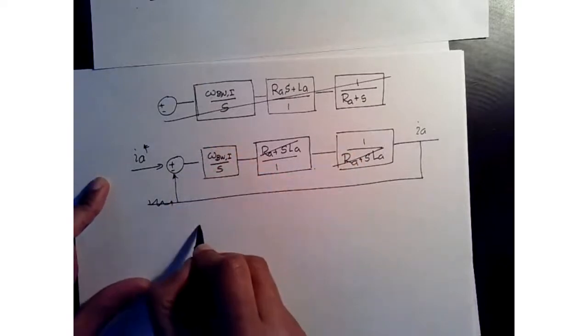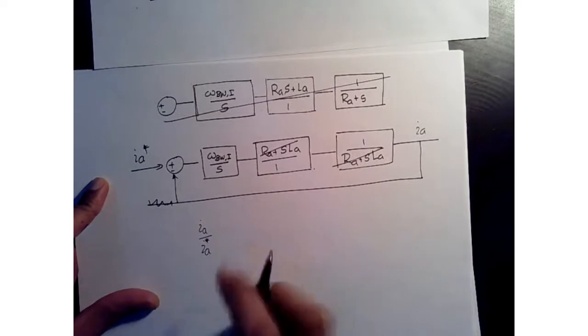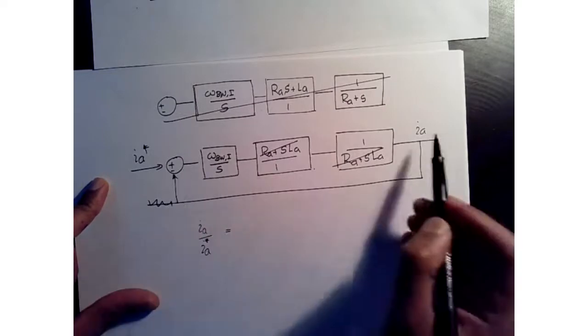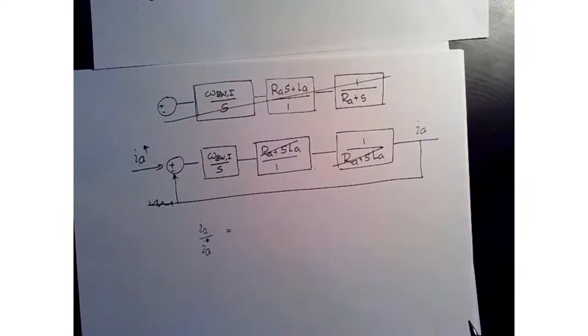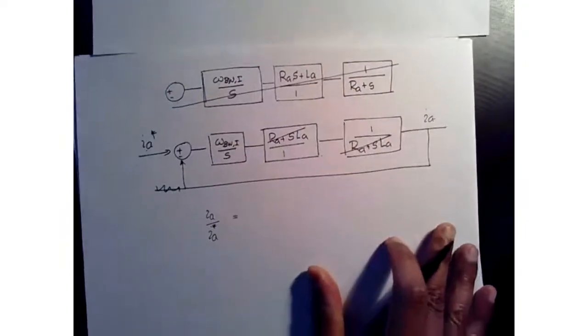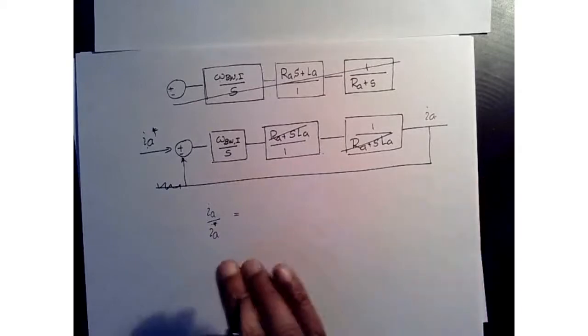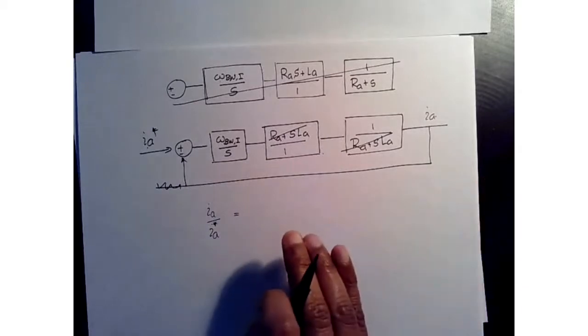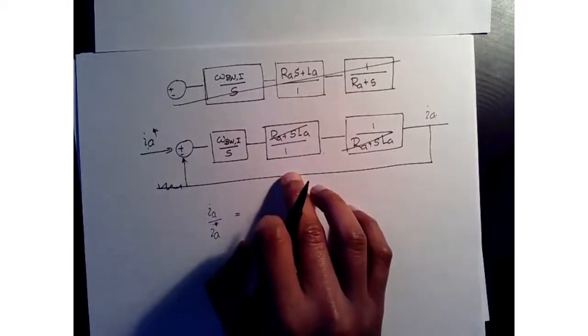If I ask you to derive the transfer function between IA and IA star, what is that going to be? That's the forward path transfer function over 1 plus the forward path times the feedback path gain.